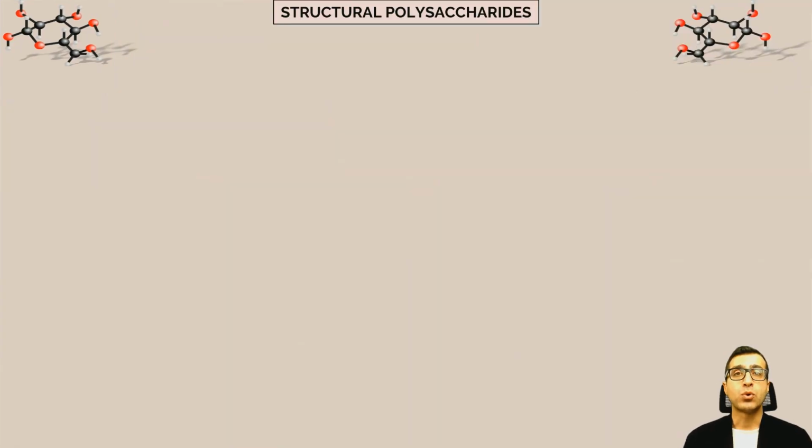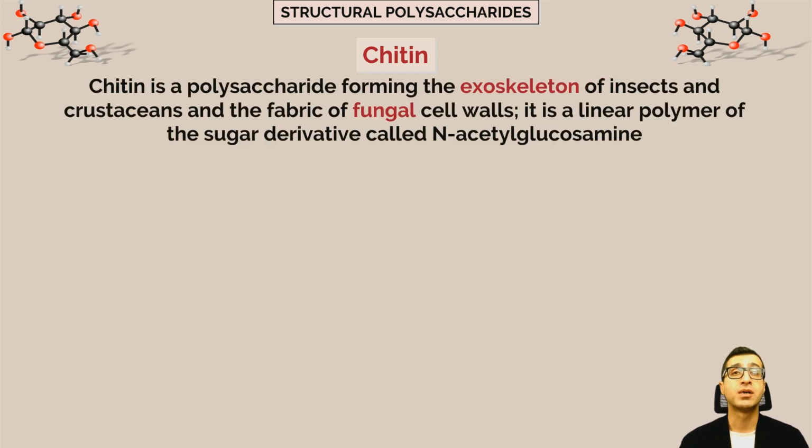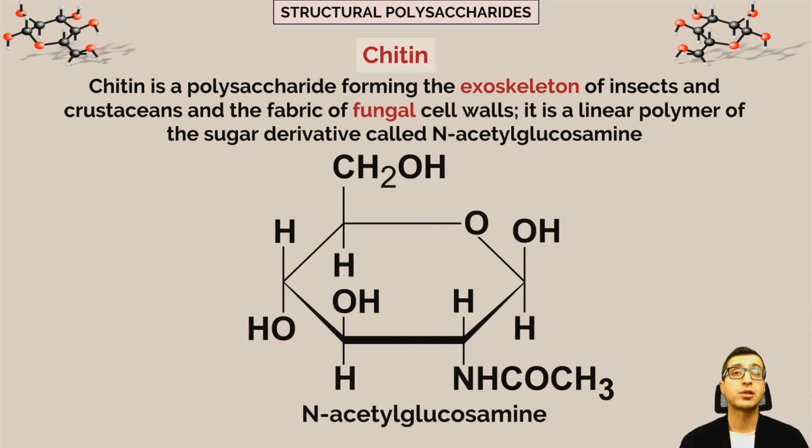So, a little bit more information about structural polysaccharides. Now, again, we mentioned in the extension section of the previous lesson that chitin is a polysaccharide, and it forms the exoskeletons of insects, crustaceans, and also the fabric of fungal cell walls. Now, this is a linear polymer of a derivative of glucose called N-acetyl glucosamine. And so the N-acetyl is referring to this group of atoms here, linked to the second carbon in the six-membered ring here.